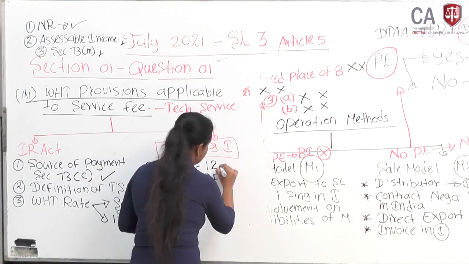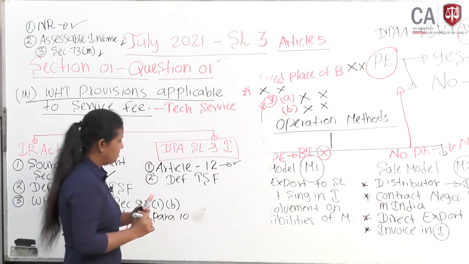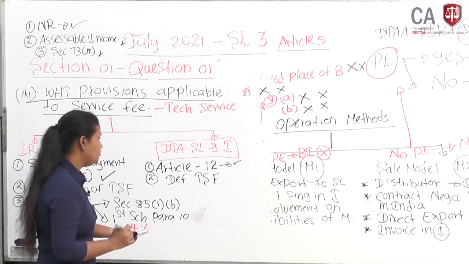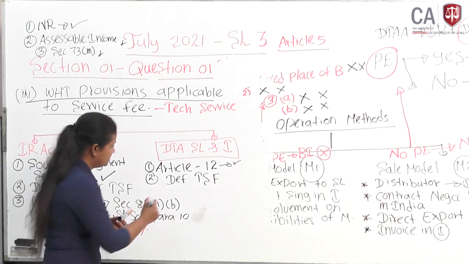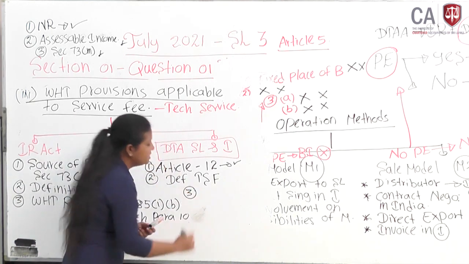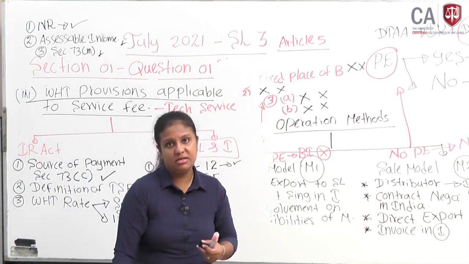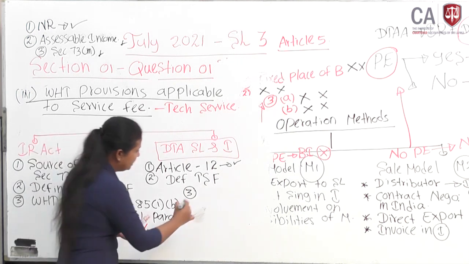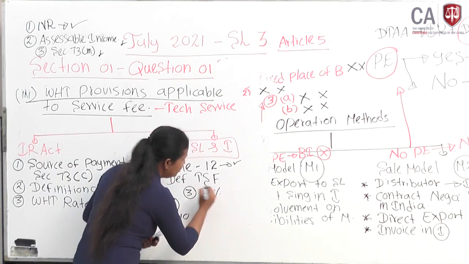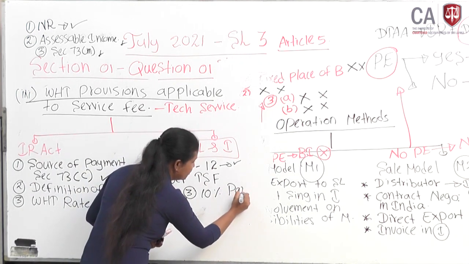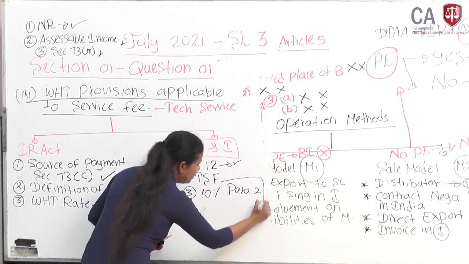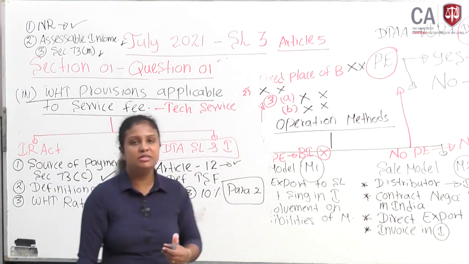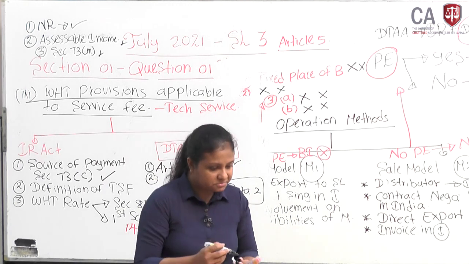Then thirdly, in Article 12, you have to quote from Article 12. You need to start from the definition of technical service fee, and thirdly, it has the income tax or withholding tax rate applicable under the DTA. It's 10%, Article 12 para 2. You have to quote from the Double Taxation Treaty, Lamai.